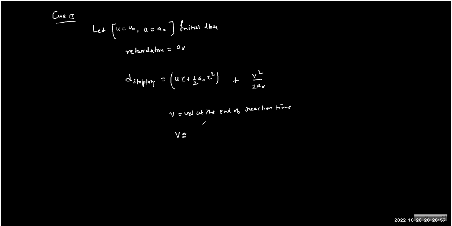V naught. And what is A for this duration? A naught. So what should we write here? V naught plus A naught tau.